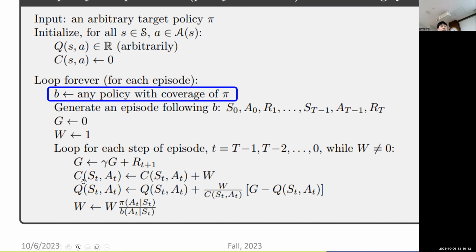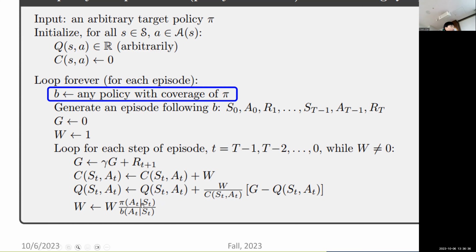And we update C, which serves as the denominator of the update rule. Now we put it here. This is exactly the equation we derived on the last page. And we update W. W is a product of different ratios at each time step, different pi and B ratios.